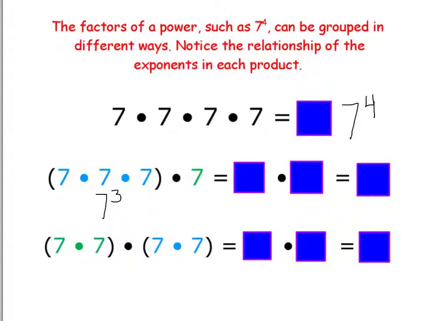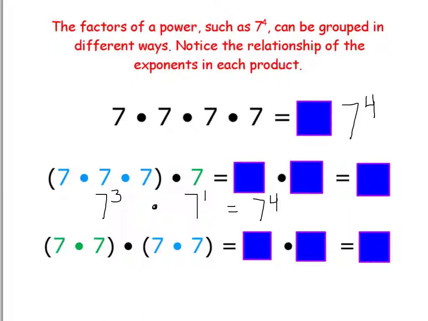And this 7 right here represents 7 to the 1st. We still have a total of 7 times 7 times 7 times 7, which we also know equals 7 to the 4th. Ignore these blue boxes. They were for the flip chart, and I can't get rid of them. So we see that we have 7 to the 3rd times 7 to the 1st, which is 7 to the 4th.